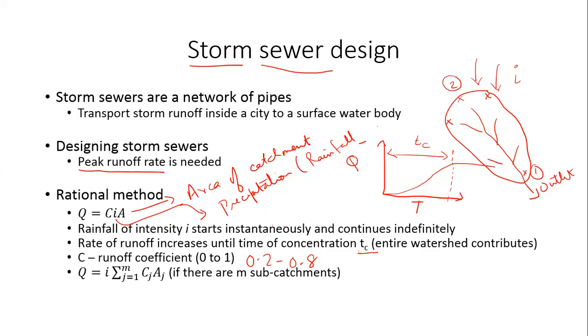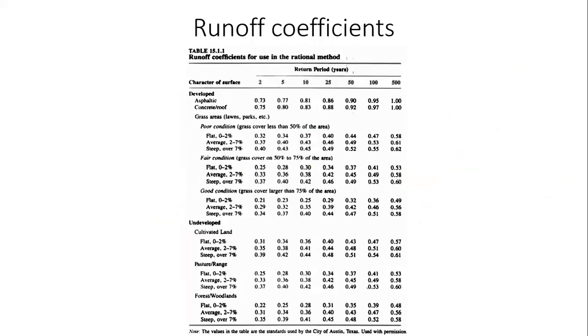All right. So this is a table which gives you the different kinds of runoff coefficients for the different kinds of land use. All of these rows are giving you the different kinds of land use.